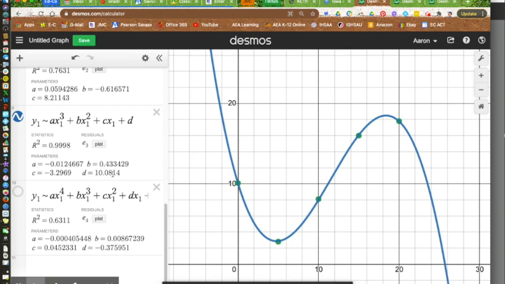So I can actually write this cubic. Y equals negative 0.0124x cubed plus 0.433x squared minus 3.29x plus 10.08. I've got all the numbers there. I've got all the points. I could graph this just like they did here in Desmos.